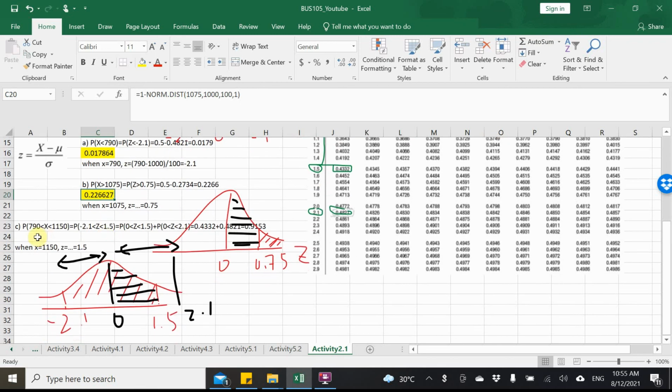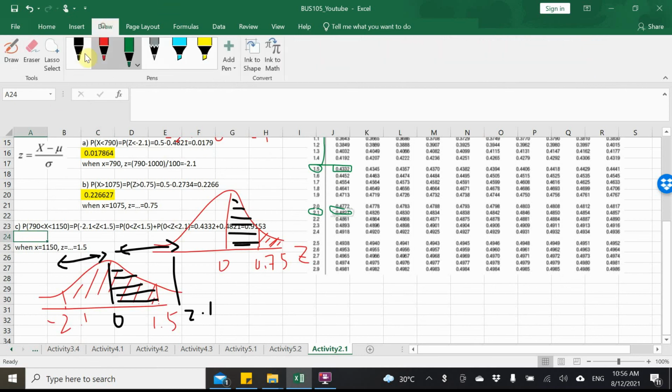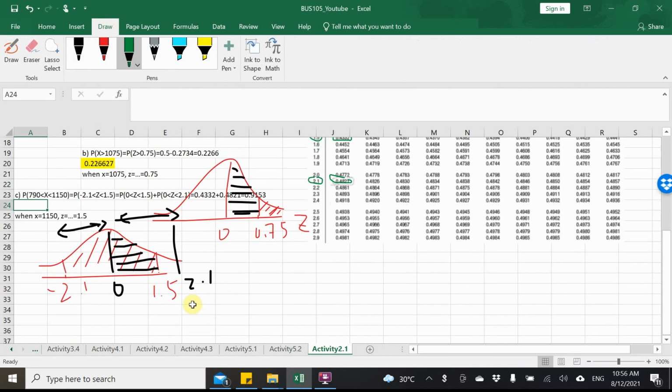0.2266. For part C, we want to find the area between value A and B, right? For this kind of question, let me show you again using an Excel function, how should we answer it?